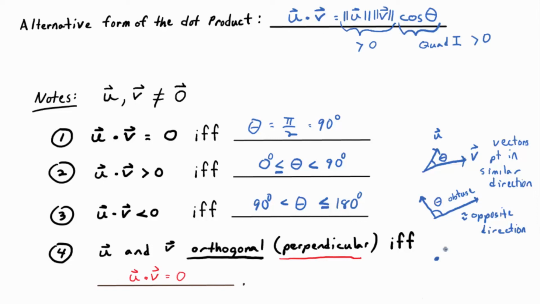So the dot product is an orthogonal vector detector. Okay, remember that. That's an easy way to determine whether or not two vectors are perpendicular to each other. So if you want to check to see if u and v are orthogonal, just take the dot product, see if you get 0.